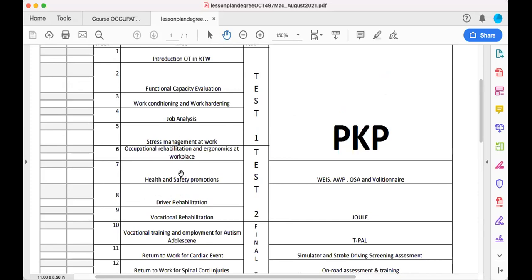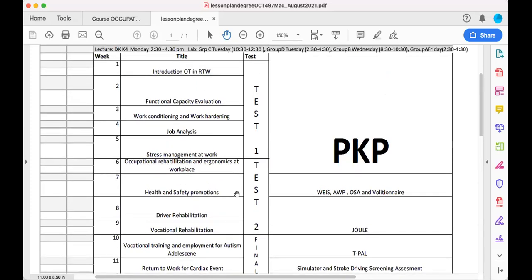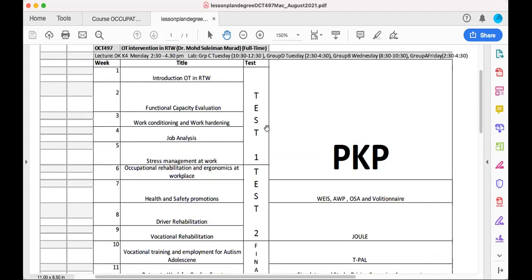The lab is divided into 4 groups. When I checked the timetable, 15 days, 15 people. In one group there are 15 people. You are 56 people in all. So there are groups A, B, C, D. Group C and group D are on Tuesday.